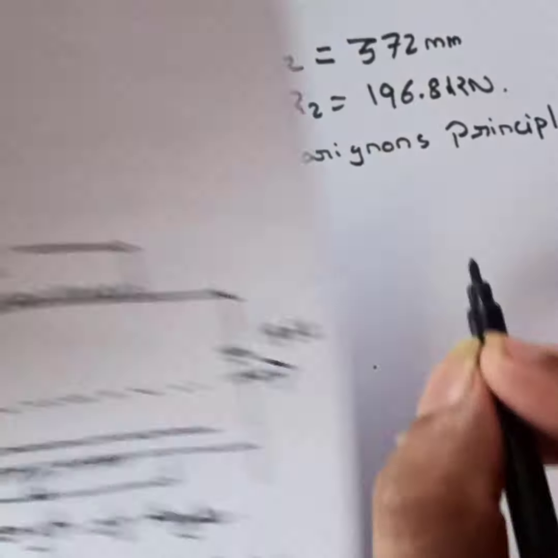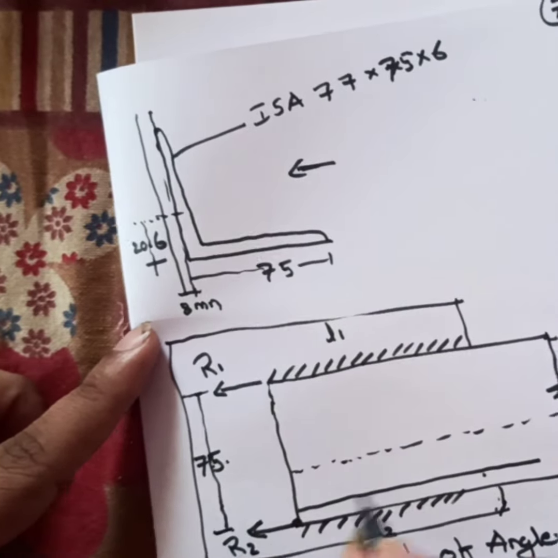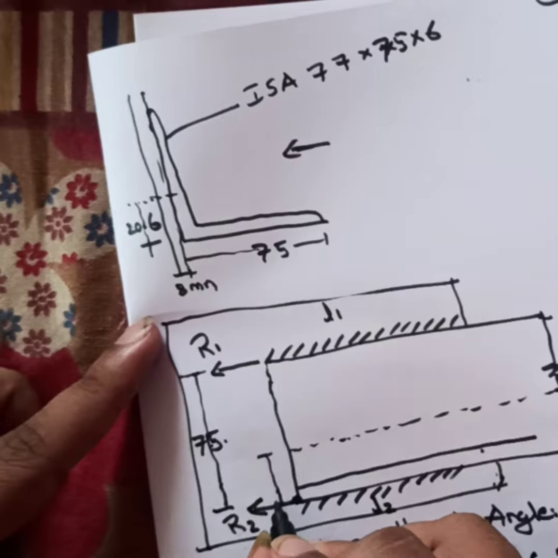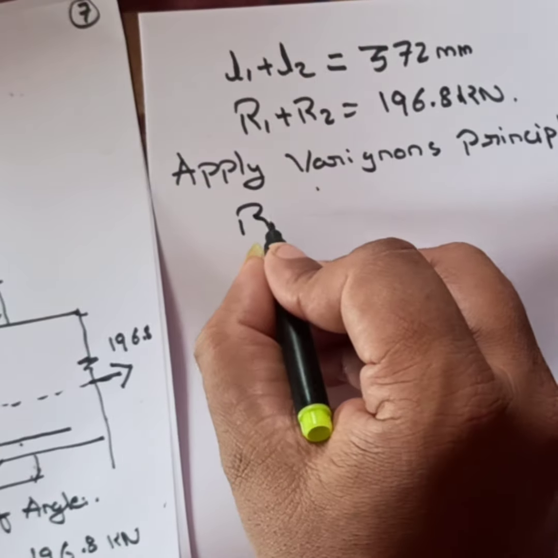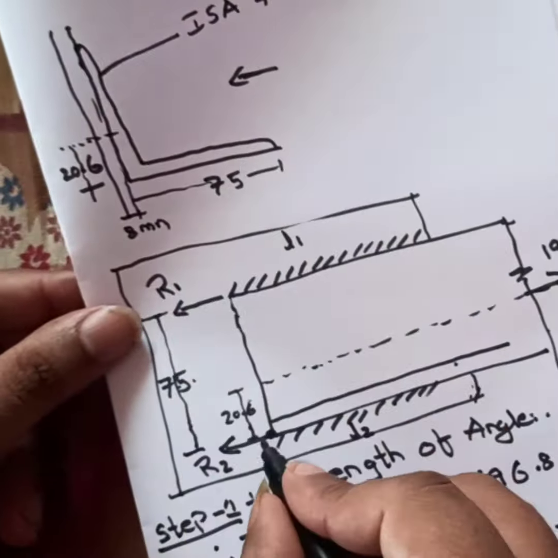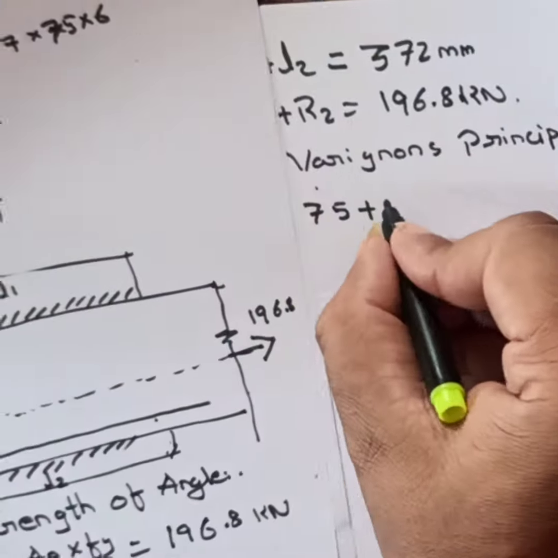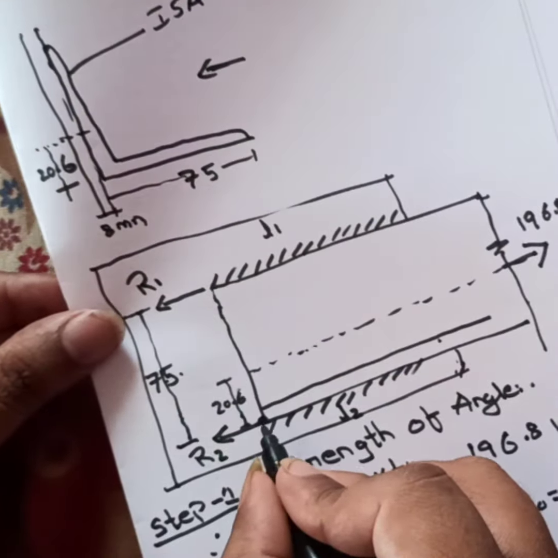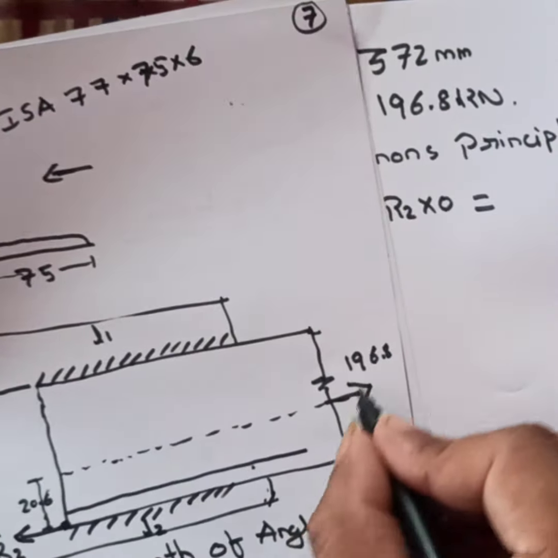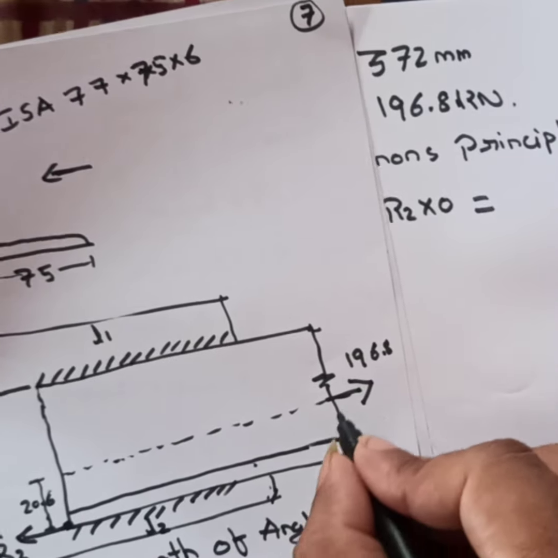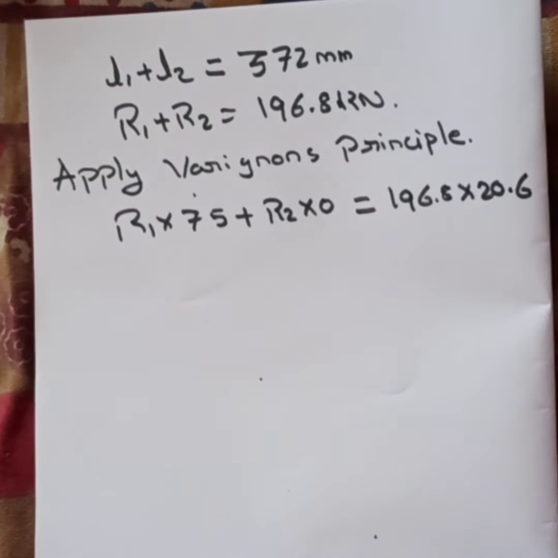Here R1 into the distance 75, plus R2 into 0, equals 196.8 multiplied by this distance, the CG, which is 20.6. So 196.8 into 20.6.